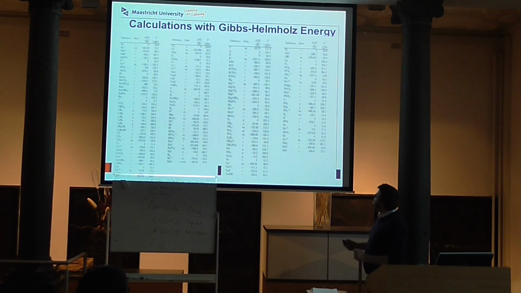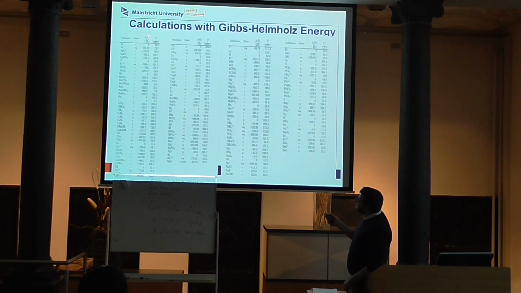Now, what we see here for a range of substances is delta H subscript F superscript O. So that's the enthalpy of formation of a range of substances. Notice the enthalpy of formation of silver is 0. Why? Because silver, as a solid, is in its standard state.